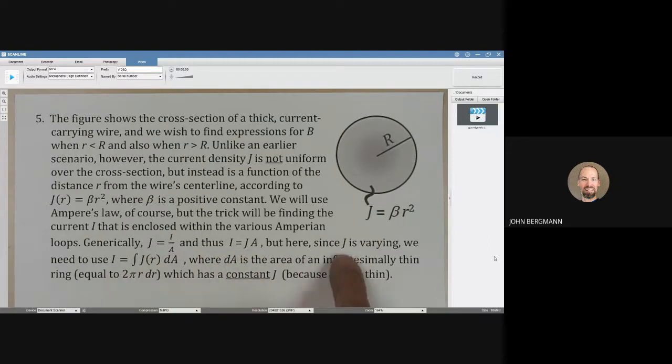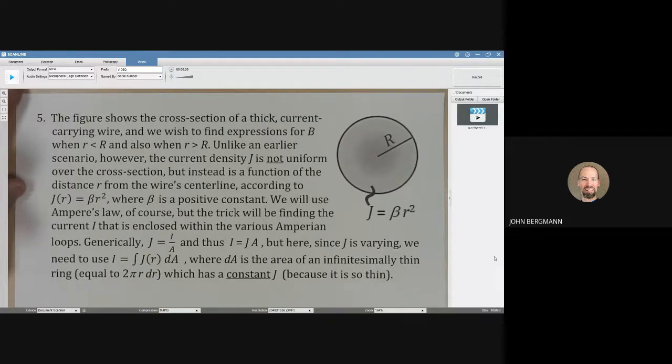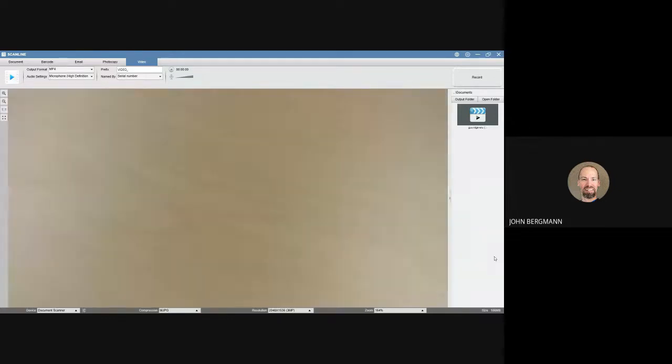But here, since J is varying, we need to use that calculus-like form, where dA is the area of an infinitesimally thin ring, and it's equal to 2 pi r dr, which has a constant J because it's so thin. All right, let's get into this.